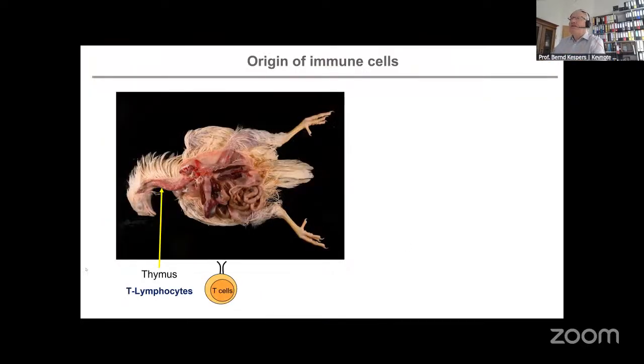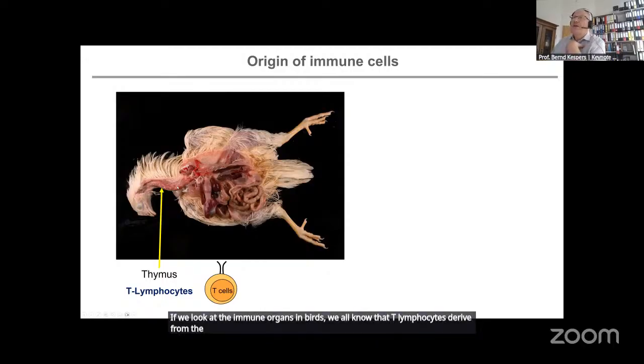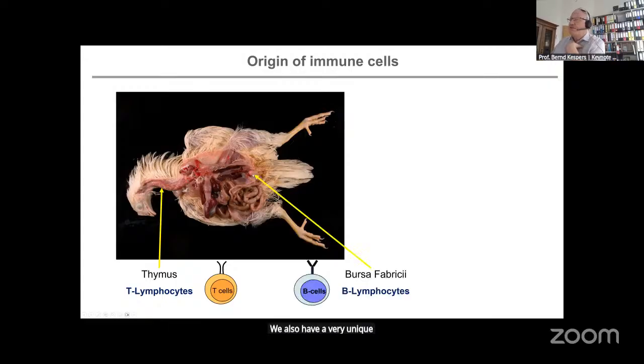If we look at the immune organs in birds, we all know that T lymphocytes derive from the thymus, and we have those 8 lobes of thymic tissue on either side of the throat. We also have a very unique organ, the bursa fabricius.